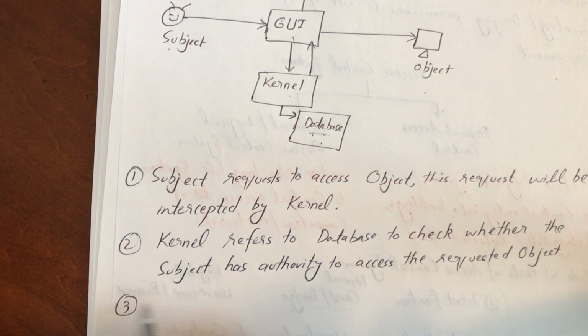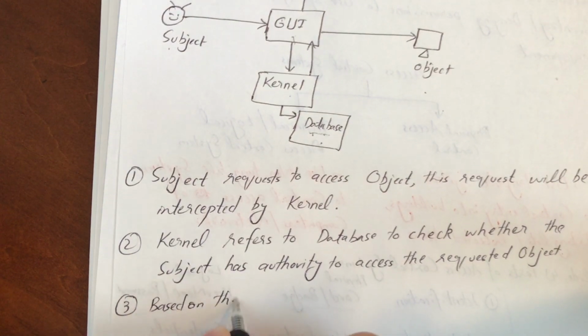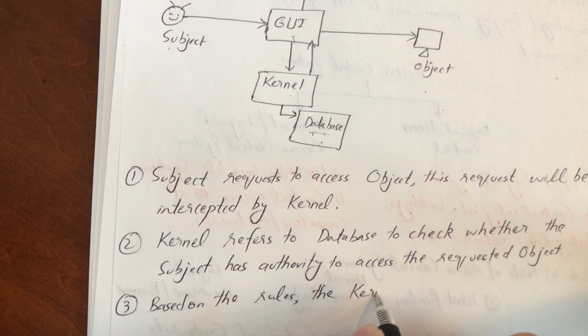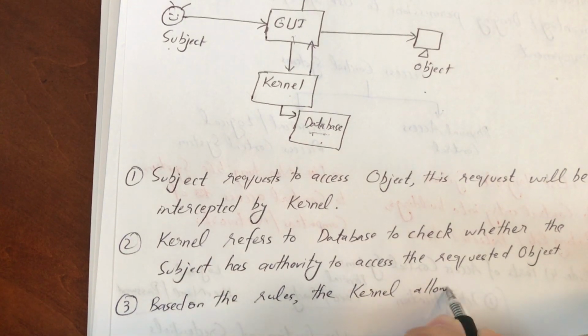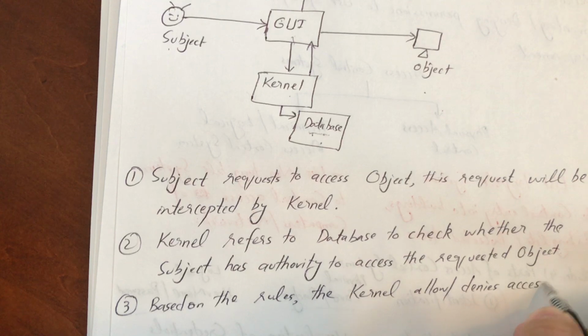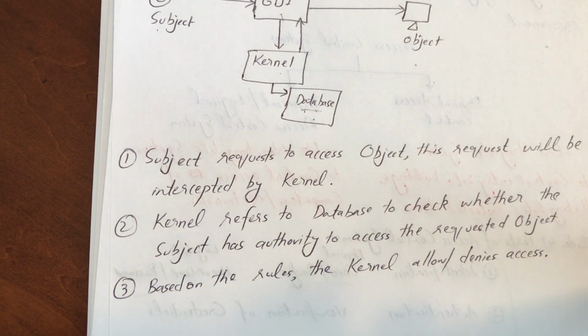And the third is, based on the rules, the kernel allows or denies access. So these are the main three steps of the way the security kernel works.